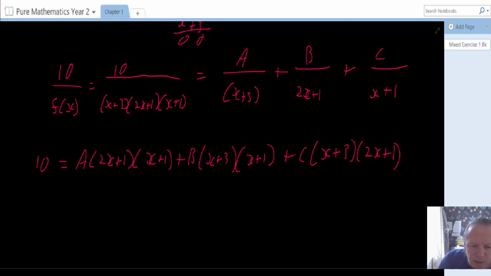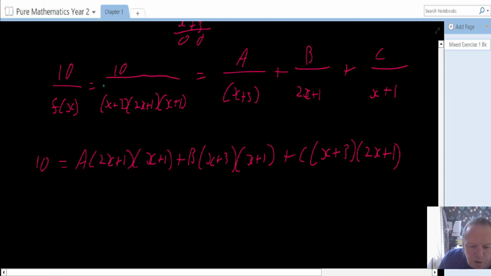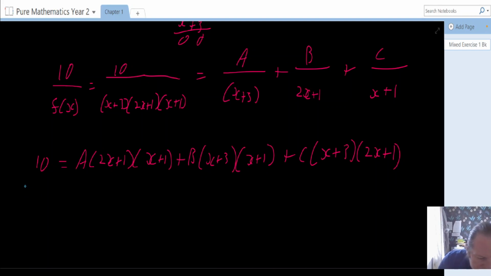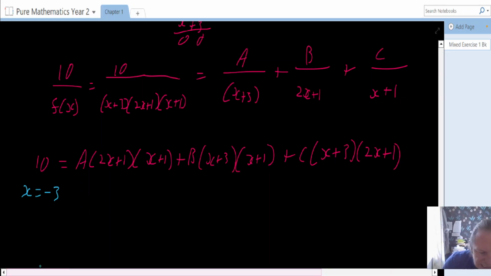Now we can go into a bit of choosing of x's to find out what we want. Let's start with x equals minus 3. Minus 3 will make this bracket of x plus 3 into a 0, making b and c zeros. So 10 equals a times minus 6 plus 1 times minus 3 plus 1, that's minus 2, plus b0 plus c0.